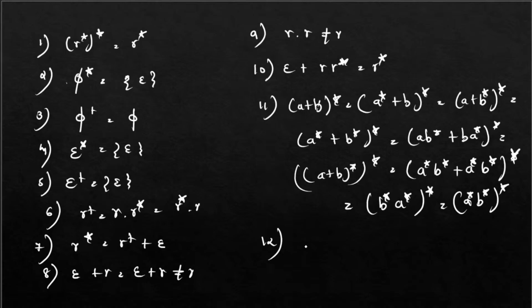And the 12th one is a* phi is always phi. R phi is always phi.